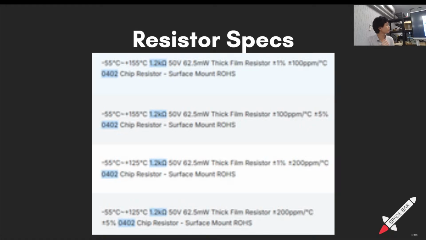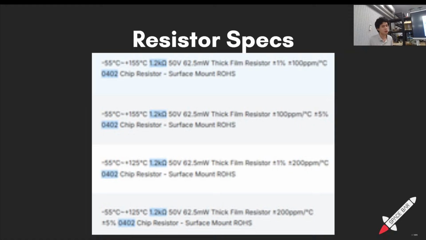It also comes in a certain temperature rating, minus 55 to 155 Celsius. Most components have a temperature rating not this wide, but a resistor is really simple, so it can survive a lot of things.